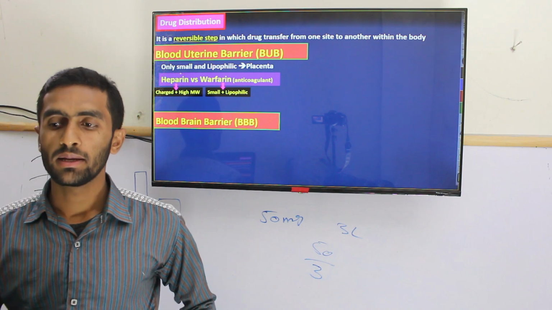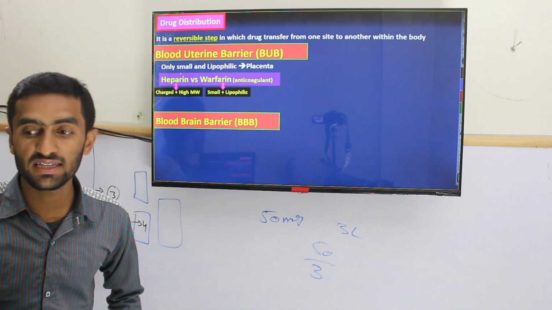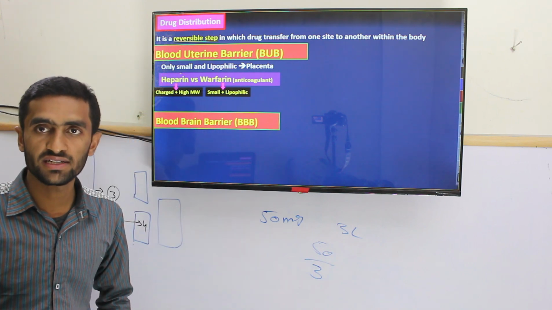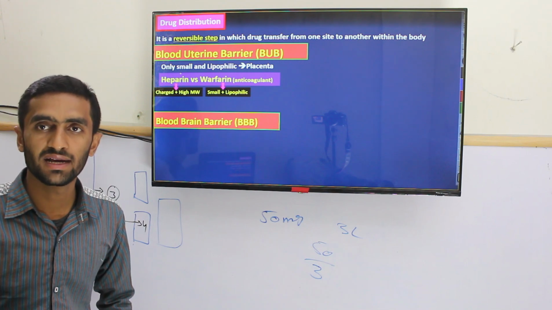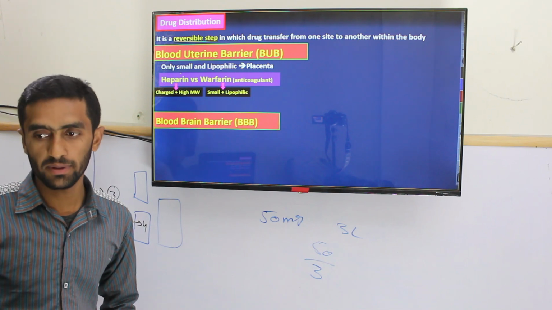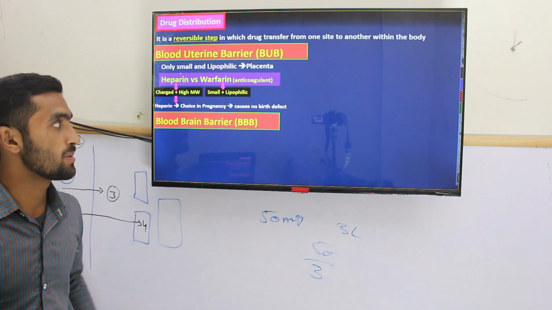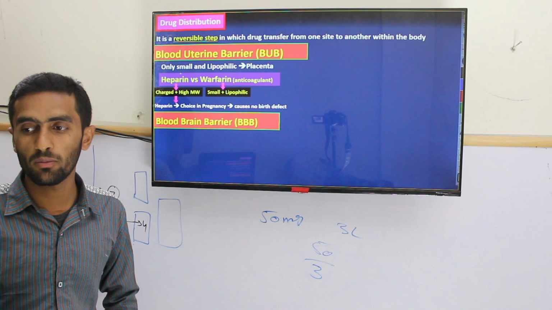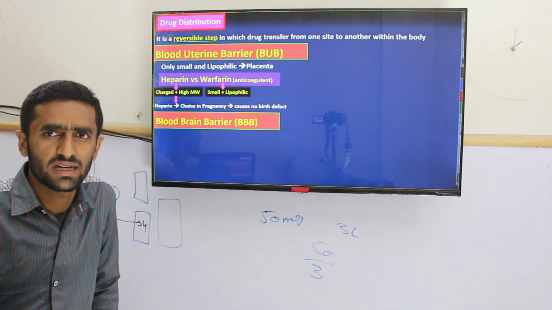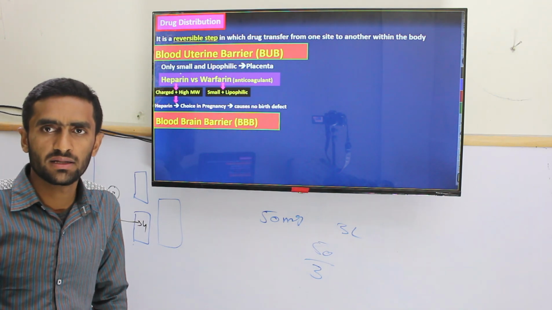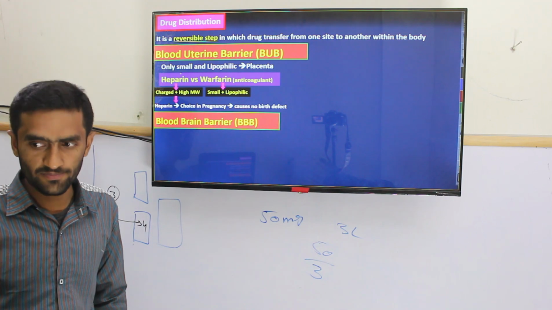Why heparin? Because heparin is high molecular weight and charged, it cannot go into the placenta, and it doesn't affect the baby. That's why heparin is the choice in pregnancy, causes no birth defect, because we don't want anticoagulation, or you can say bleeding, in the baby.